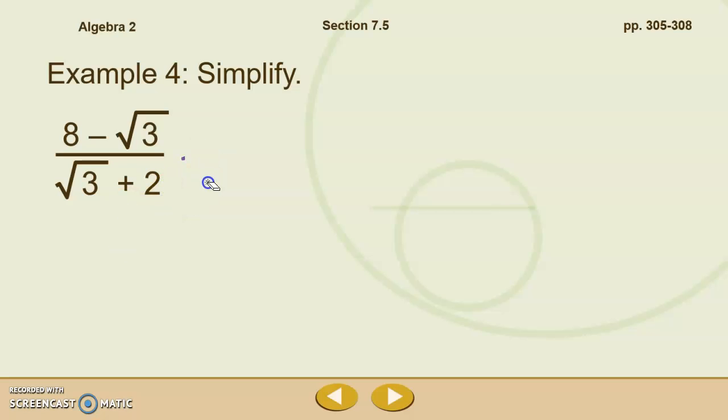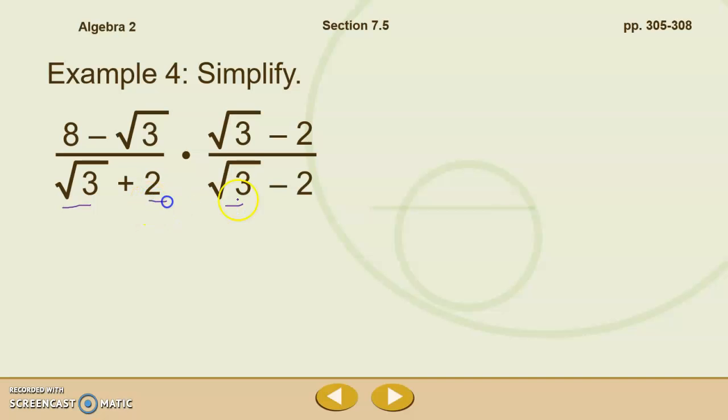So when we've got a binomial down here, this square root of 3 plus 2, what we want to do is multiply it by its conjugate. And we're familiar with conjugates already from factoring difference of squares, but here's what a conjugate looks like. It's going to look exactly the same, square root of 3 and 2, but what's different is going to be this plus and minus sign.